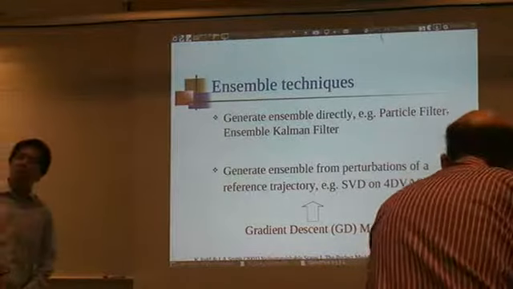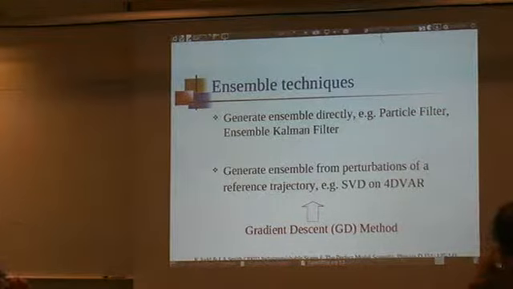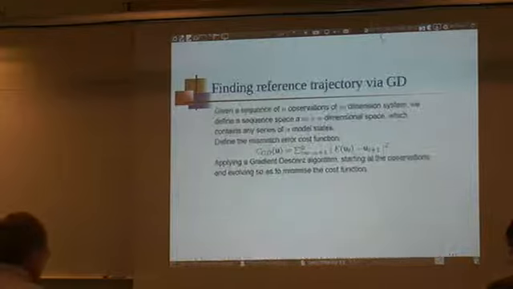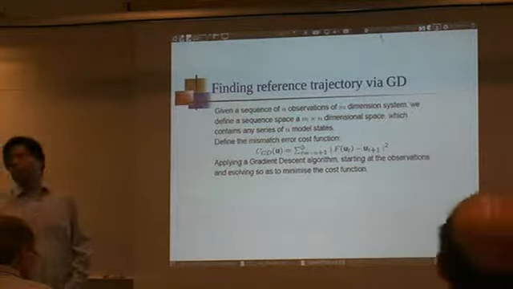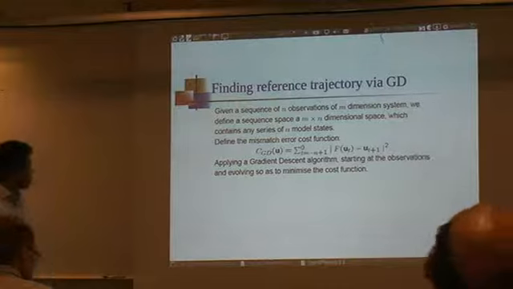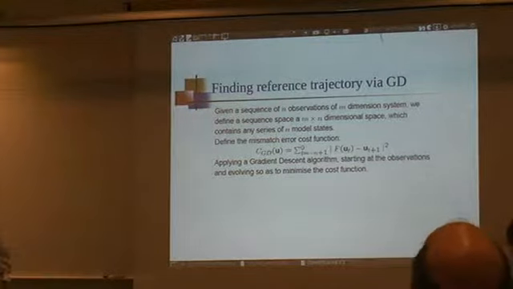The theoretical background of this method was first introduced in Judd and Smith's 2001 paper. If you're interested, you can have a look. Here we just give a brief introduction of the method. We define a sequence space, given n observations, where each observation is in an n-dimensional space.